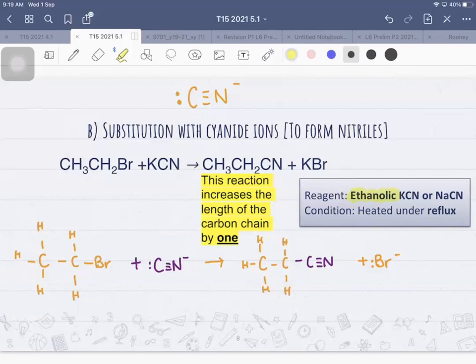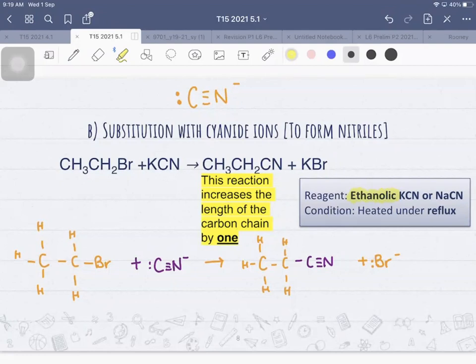Water is actually a nucleophile. So you would get a mixture of products, okay? You will get cyanide ions attacking your halogenoalkanes, and you would also have water attacking your halogenoalkane. So to avoid this, you remove water altogether. You don't use aqueous cyanide ions.